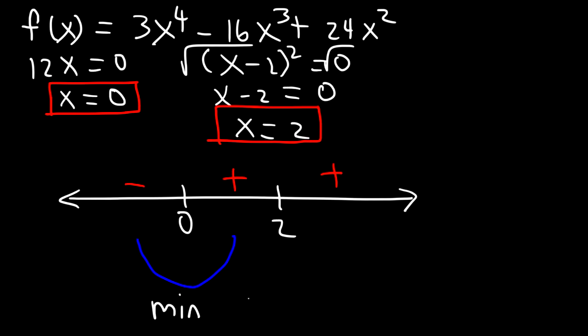So the function is probably increasing and then increasing again. Either case, none of these represents a minimum or a maximum. So you can have this shape, or you could have that shape. So all we have is a minimum at x equals 0.